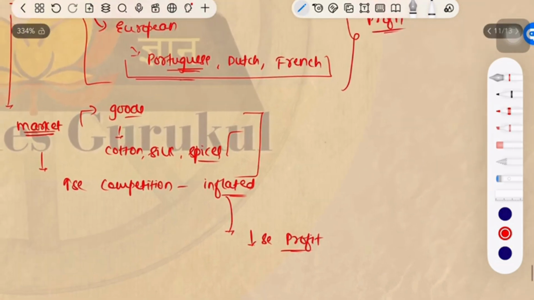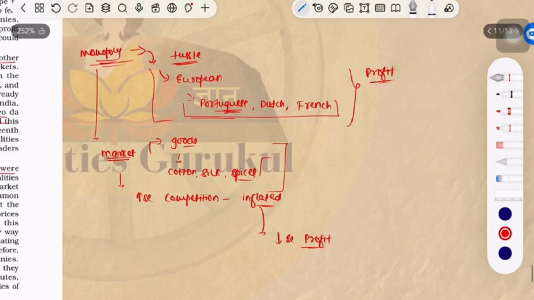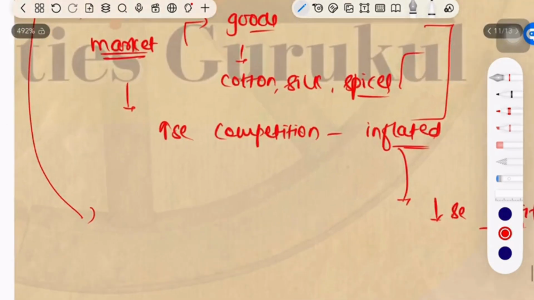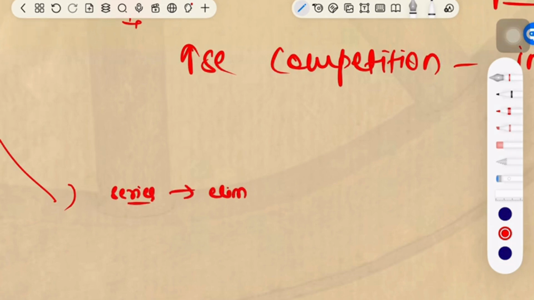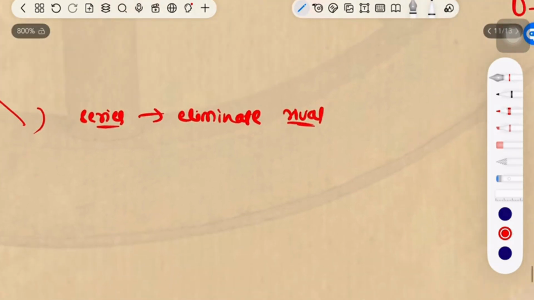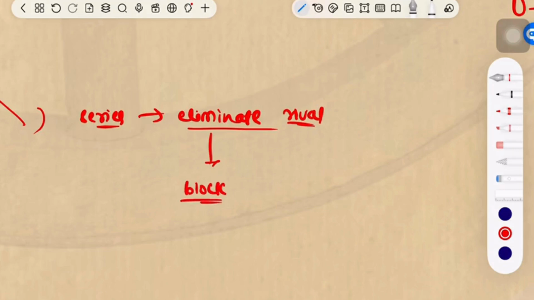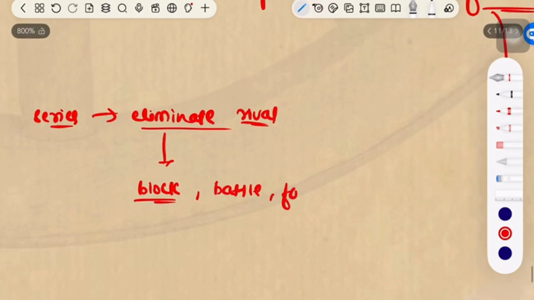and as I have discussed with you, just to retain their monopoly, there was a series of battles. Why? Just to eliminate their rival. So this elimination, this series of wars, like they were blocking each other's ships and then battling at sea, and also they would fortify their settlement.